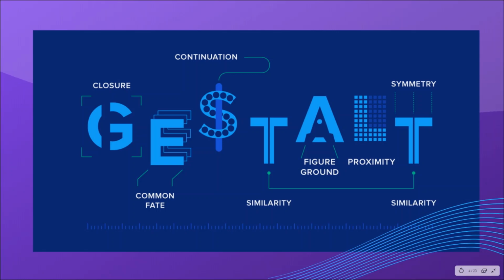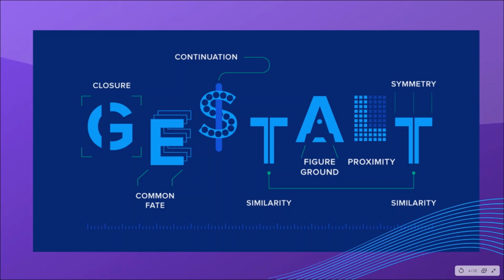So first is G. At first sight you can understand that this is a G, but if you actually look, this is not a closed figure. Over here there is some space and the G is not a complete G. So this is what our mind does.